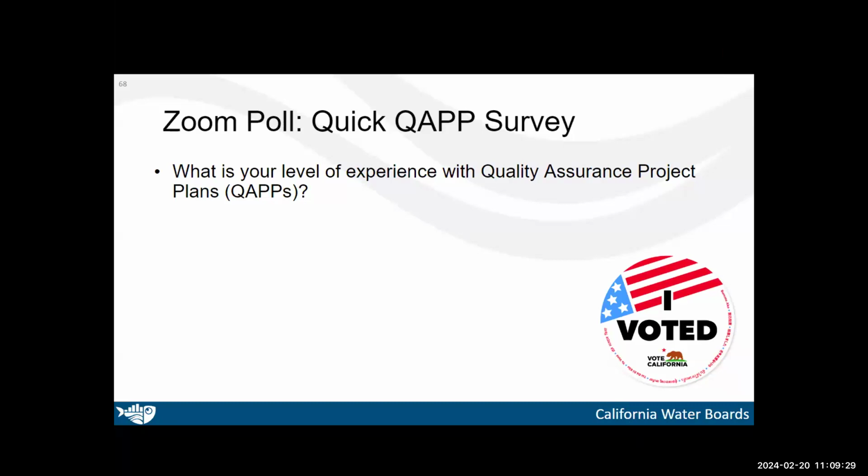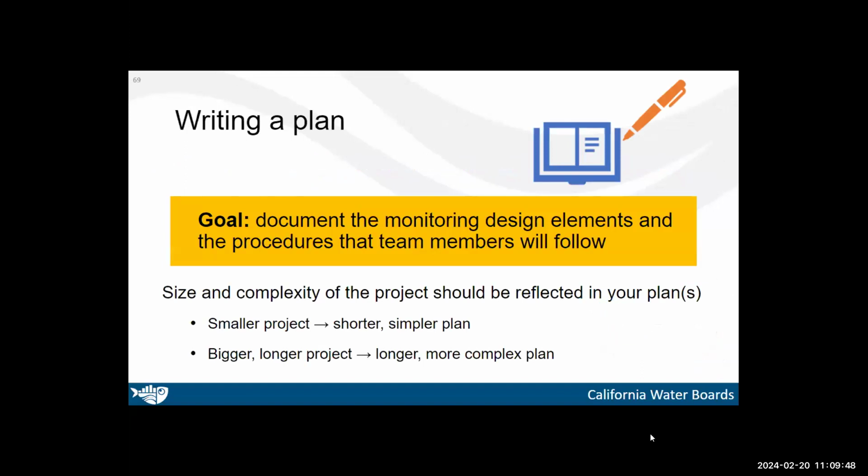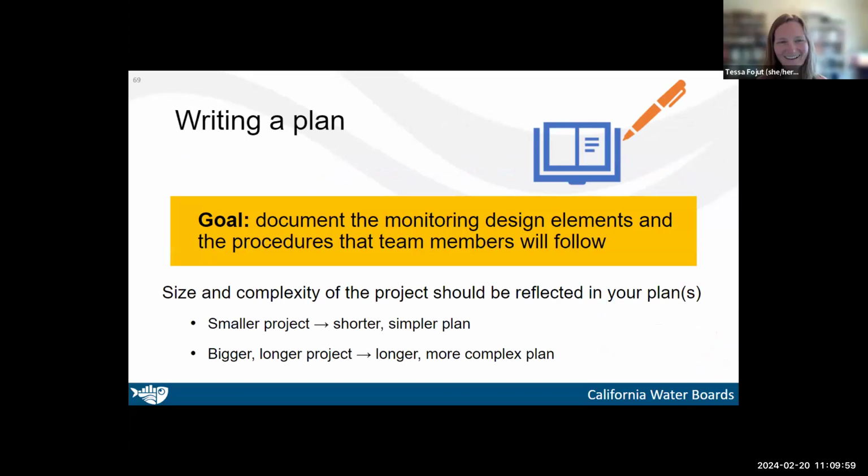And I think a couple of folks aren't going to take it, so we'll give it another couple of seconds. Nice. Okay. We've got 85% of folks have participated. 90, great.